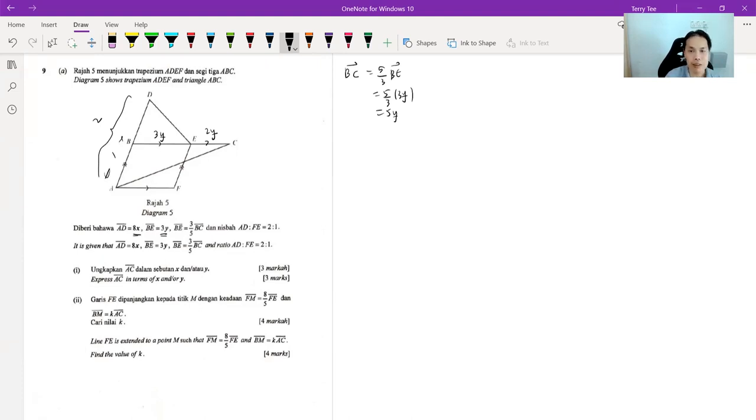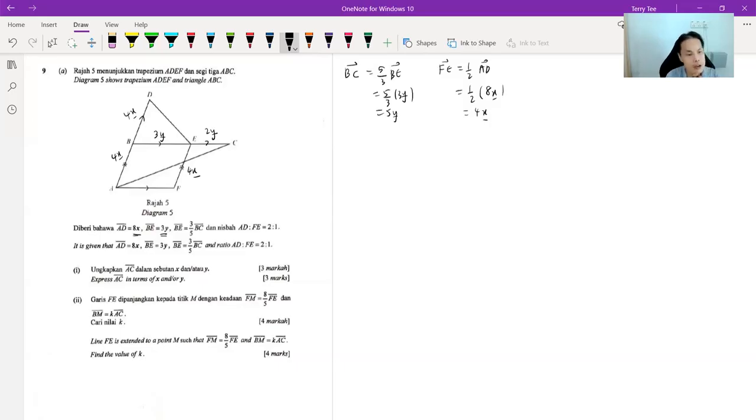FE is now half of AD, and since AD is 8x, half of it will be 4x. So I'm going to label 4x here and label 4x here.